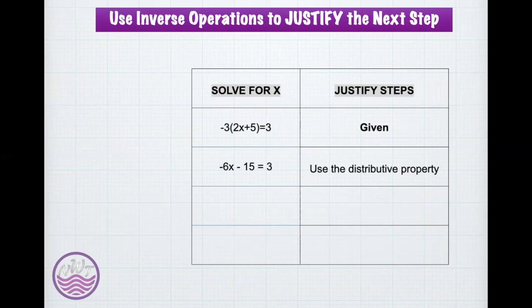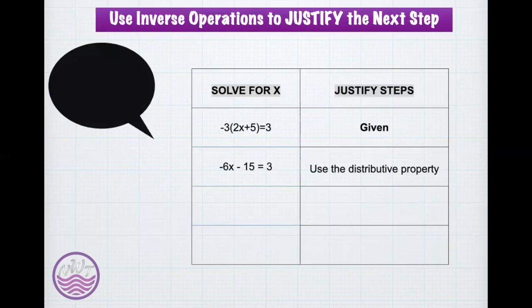So if I have -6x - 15 = 3, what would I do? Well, I know that I have to get the 15 to the other side. And if it's a -15, going back to my previous knowledge about inverse operations, I know that the inverse or opposite of negative is a positive.